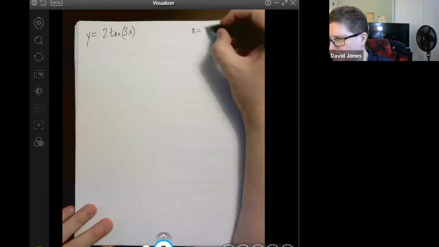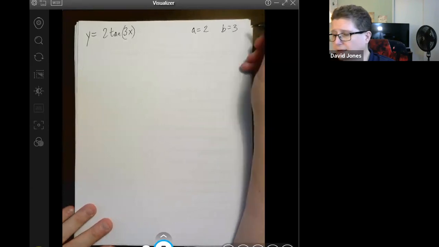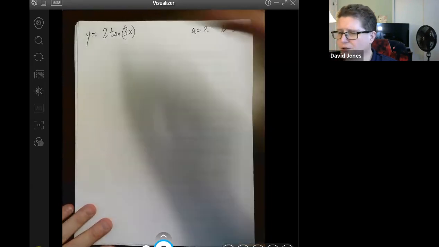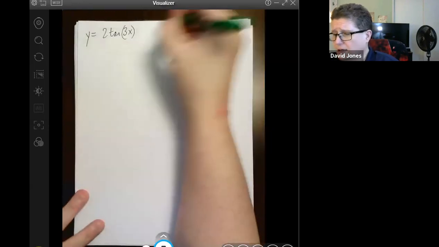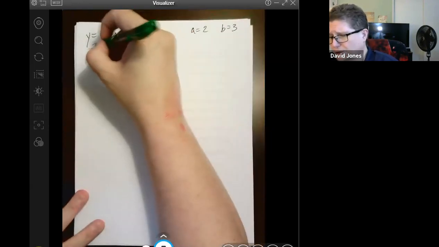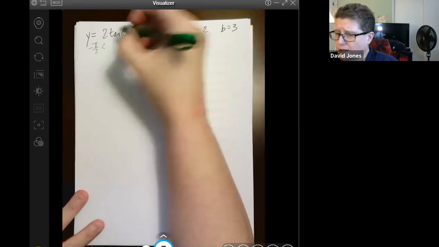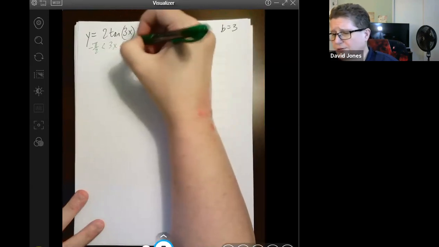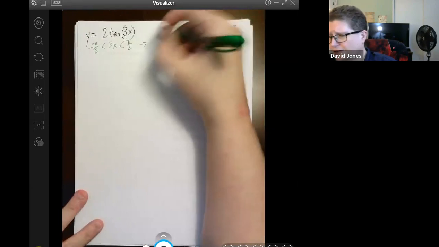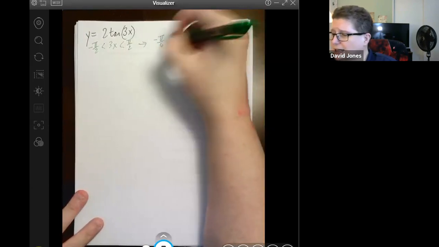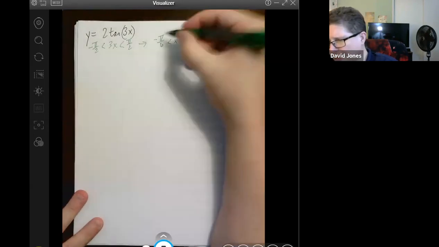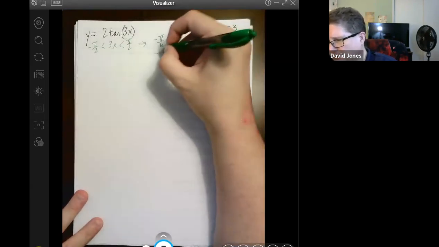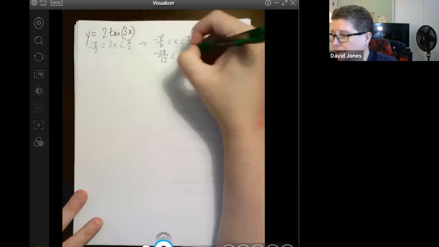A here is +2, b is 3. Tangent goes from -π/2 to π/2. So -π/2 is less than 3x is less than π/2. We divide by 3, I get -π/6 is less than x is less than π/6. And I multiply these by 2/2 so that I can do my quarter points.